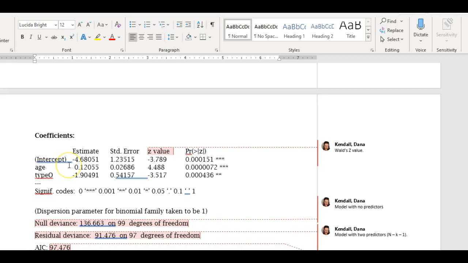But a lot of times reviewers and people want to see these numbers and their Z value instead of a T or an F value. We have a Z value for these, and that's called Wald's Z. It's just a different statistic, used for this kind of estimation method and this kind of binary outcome. Then we have the probability of significance here.